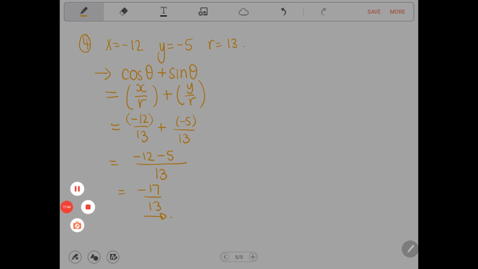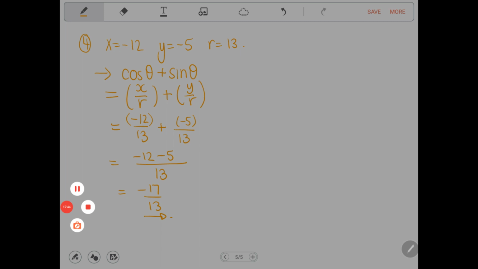Which means I must be working in either... all positive here, so that doesn't help me because tan's positive there. Sine is positive there, which means that tan is negative there, tan's positive there, and tan is positive there. So it could be in quadrant 2 or 4.